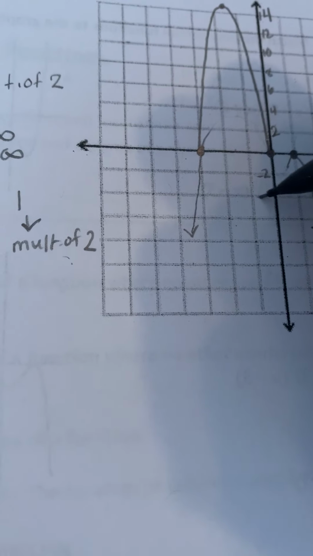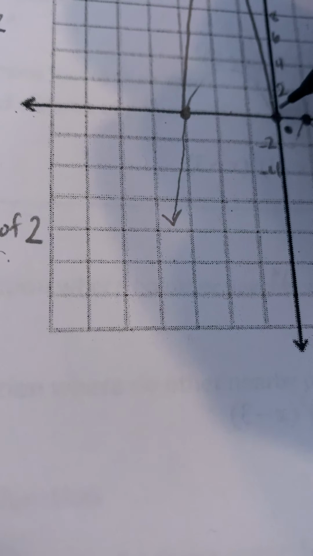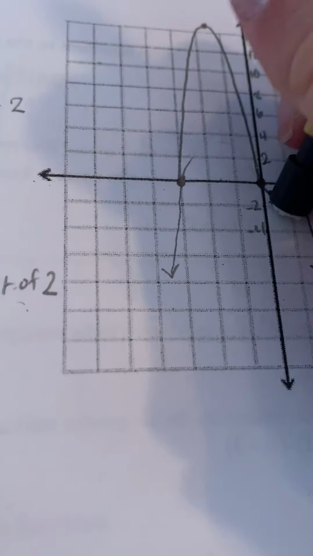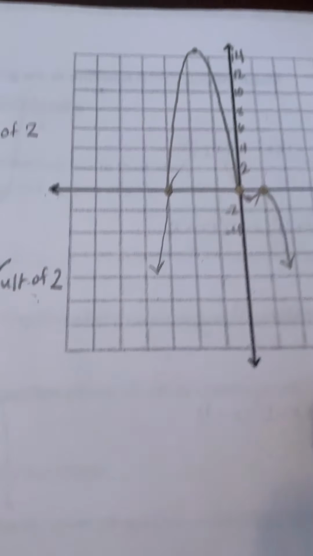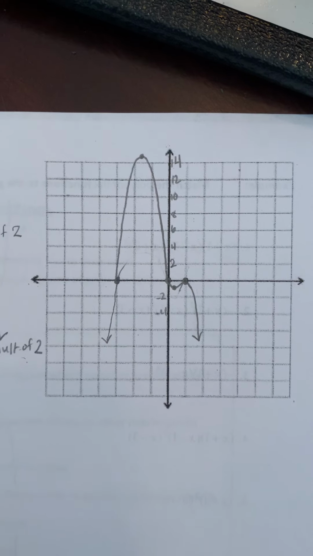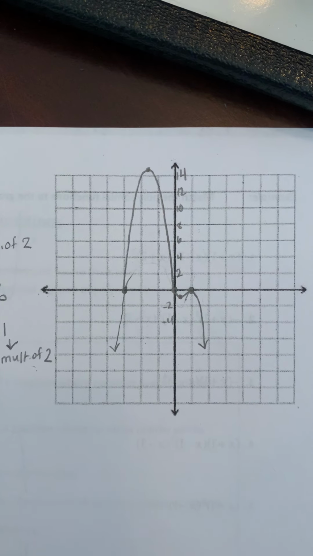Okay, so since I'm counting by twos going down, that negative 0.4 is going to be quite low. And then we will come back up. And again, my end behavior ends down. So here's approximately what the graph will look like.